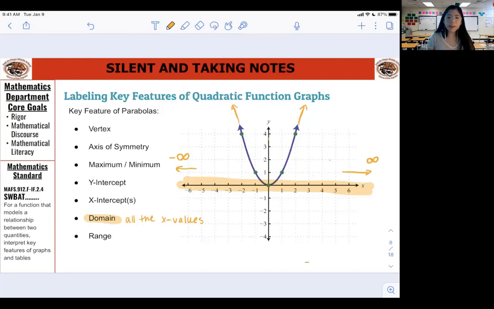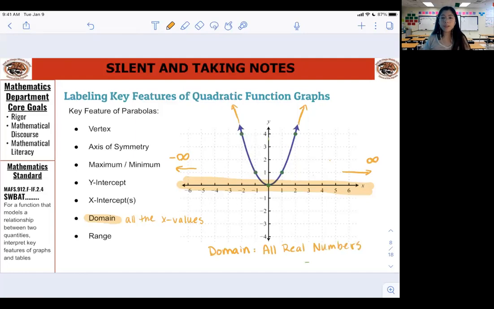So the domain is going from negative infinity all the way to positive infinity, and it's hitting everything in between. So when I'm talking about the domain of this graph, it's going to be all real numbers.